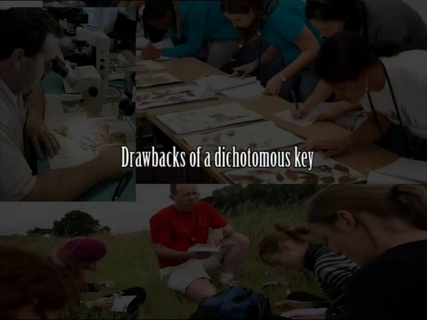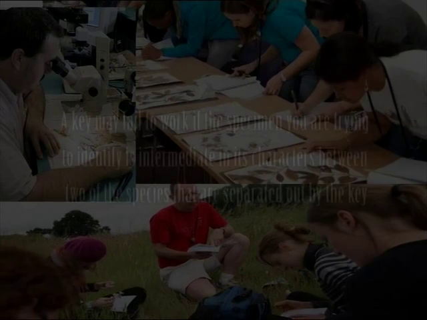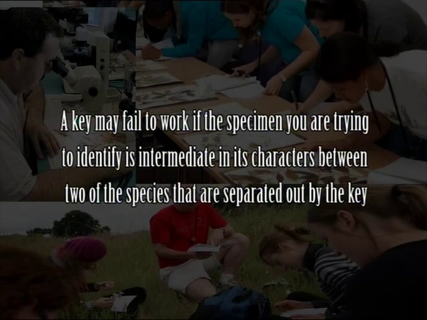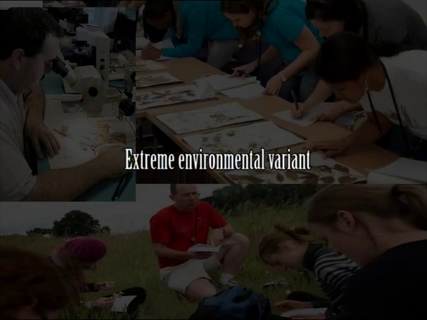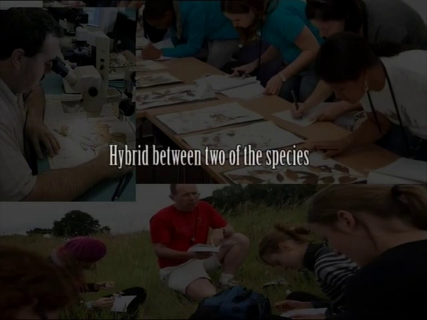Now we see the drawbacks of a dichotomous key. If a key you are attempting to use appears not to work, more likely there may be some deficiencies in the key. A key may fail to work if the specimen you are trying to identify is intermediate in its characters between two of the species that are separated out by the key. The specimen could be an extreme environmental variant or it could be a hybrid between two of the species in the key.